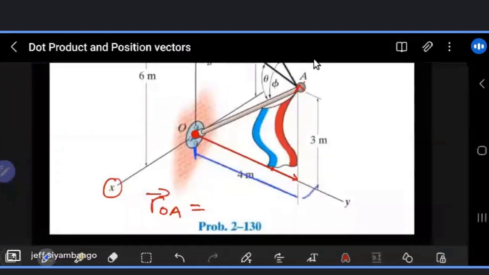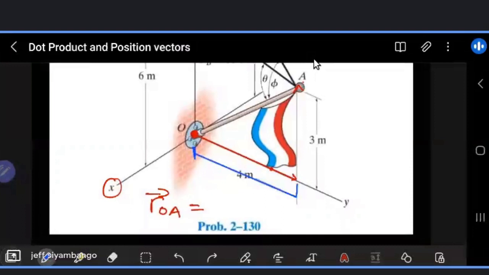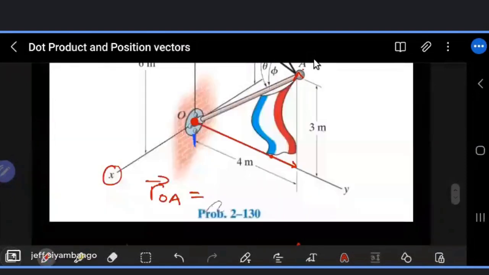This line shows us that to reach this end of this arrow, that's 4 meters. So in the y-axis, you're moving 4 meters in the positive y. So we have a 4, and y is denoted by the unit vector j.